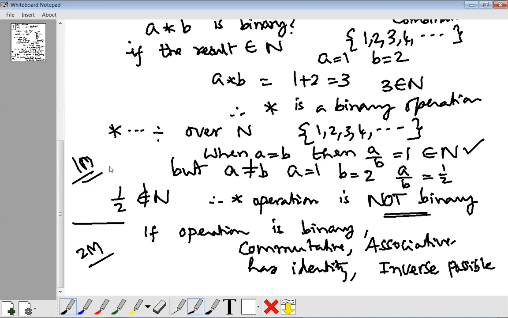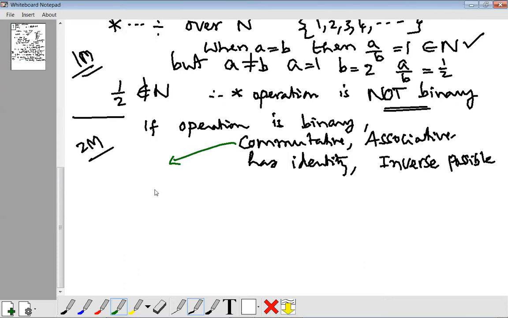Got it? So I'll tell you now what is commutative. Commutative is obviously if a star b equals b star a, then it is commutative. Associative, you pick up 3 things. Say let a, b, c belong to whatever that set is.